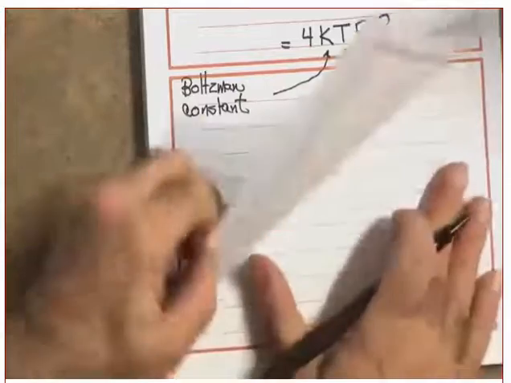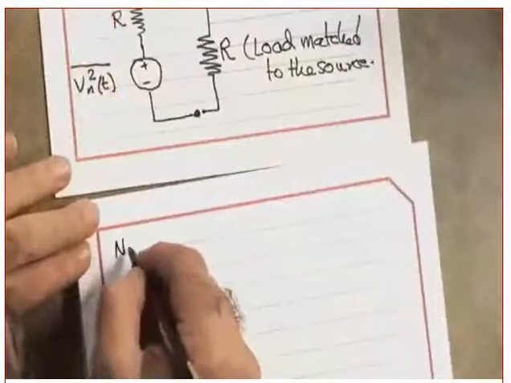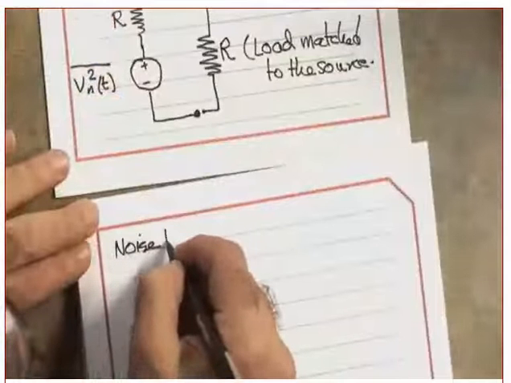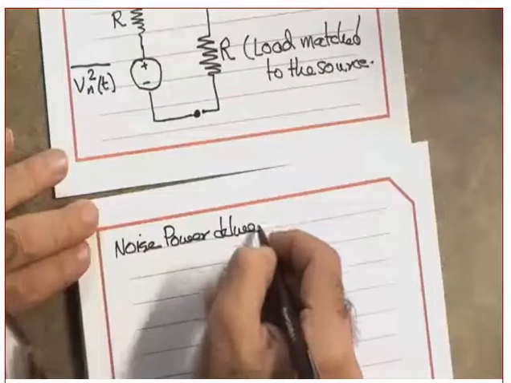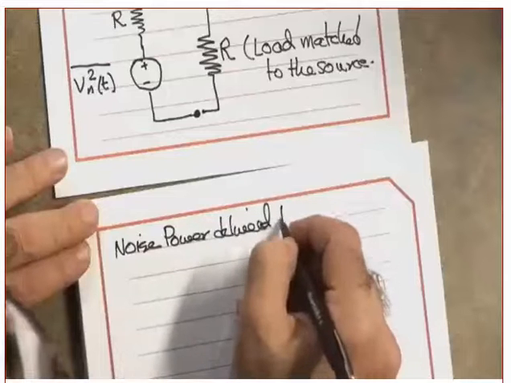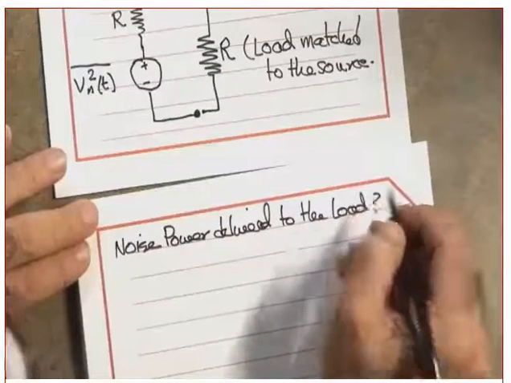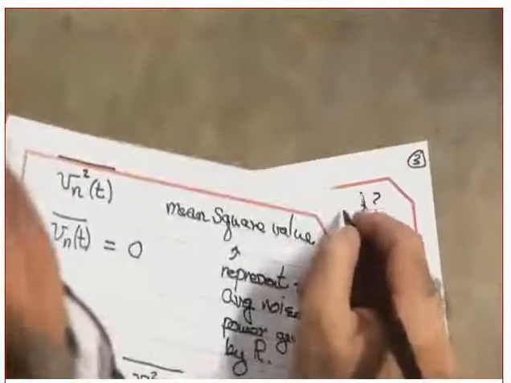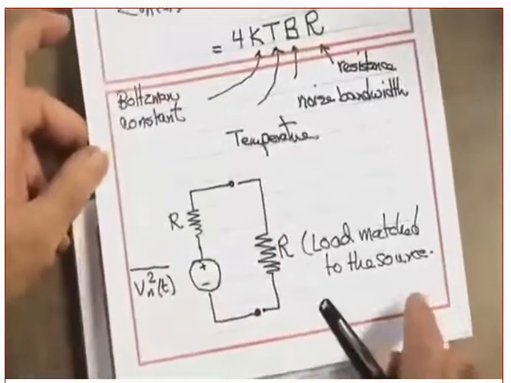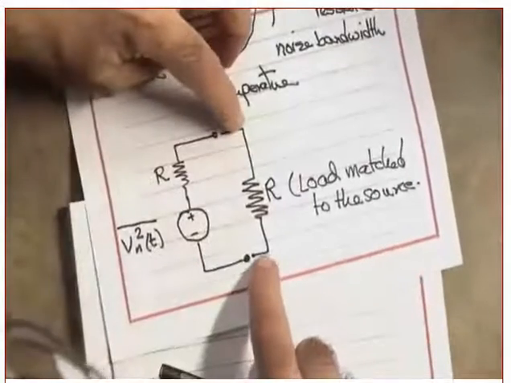What is the noise power delivered to the load? Is this behaving as a voltage division circuit? It's behaving as a voltage division circuit. What is the voltage at this point?